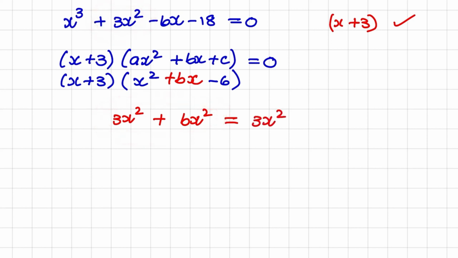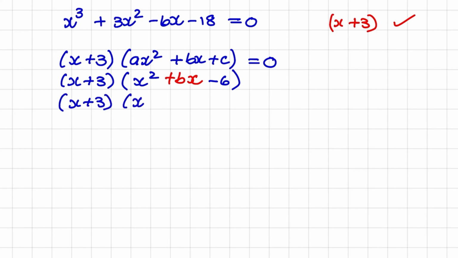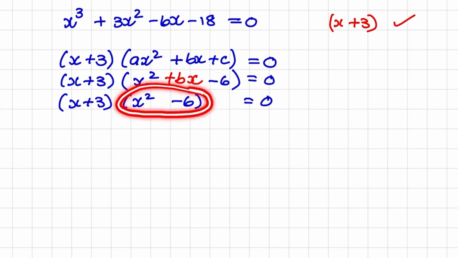So it's 3x squared. And if I solve for b, I drop the x squares, and I find that b is equal to 0. So therefore we have x plus 3 times x squared minus 6 equal to 0, because bx is 0x.